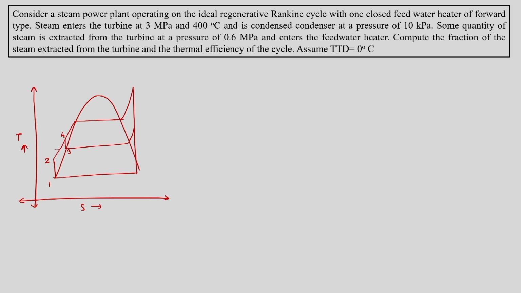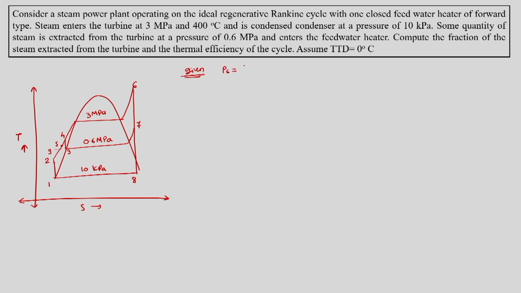After feed water heating we will reach a state 5, basically this state is 5 after mixing and feed water heating, and then we have 6, 7, 8, and here the feed water heating has led to the state 9. In this case, what is given is 3 megapascal, 0.6 megapascal, and 10 kPa.